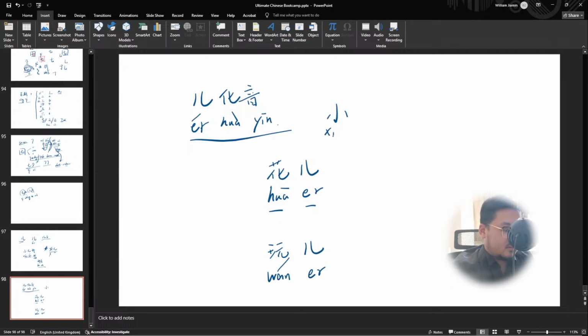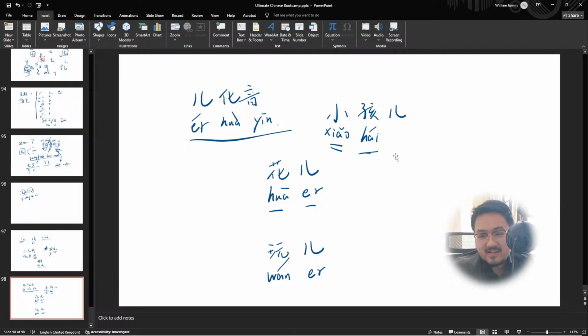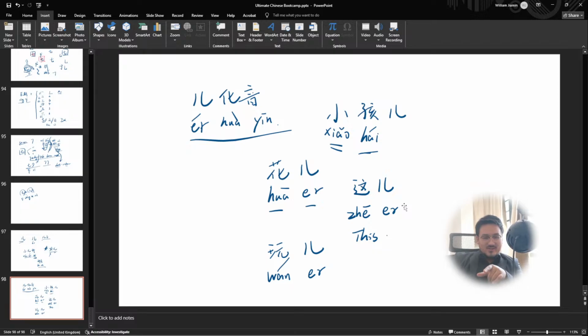For example, 小孩 means little kids, right? And for example, 这, but you add 儿, 这儿, like 这儿, 那儿, 在这儿呢.